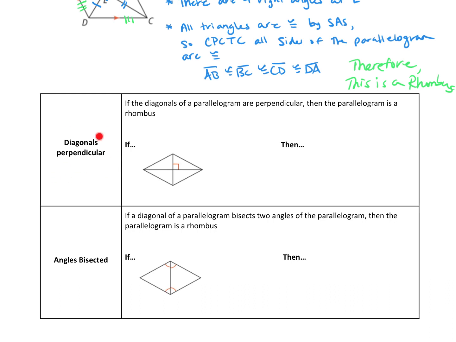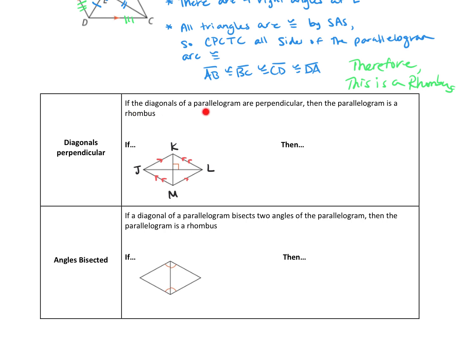Okay, so we've got a theorem about diagonals being perpendicular. If the diagonals of a parallelogram are perpendicular, so first of all, we have a parallelogram. Let's label our picture a little bit. We can go ahead and put in some vertices. So we have J, K, L, and M. We know it's a parallelogram, so opposite sides are parallel. So let's just go ahead and mark those opposite sides parallel. So there's our parallelogram.